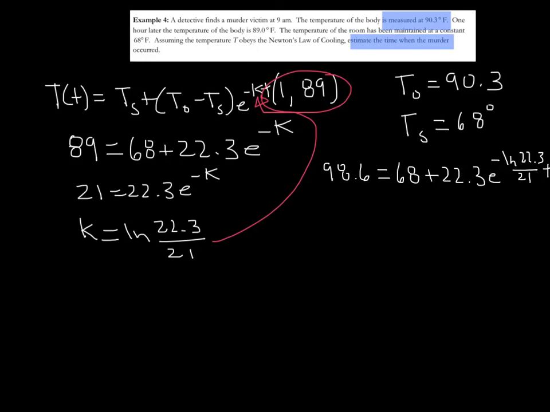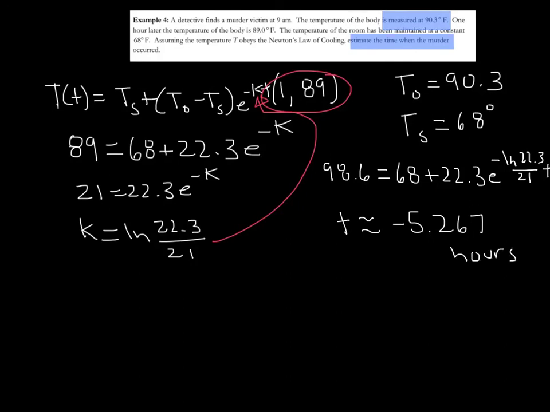Sorry, I'm running out of space a little bit here, and so you go through that same process of solving for t, and I know you guys can do that, so I'm just going to skip straight to the answer. t ends up being negative 5.267 hours.